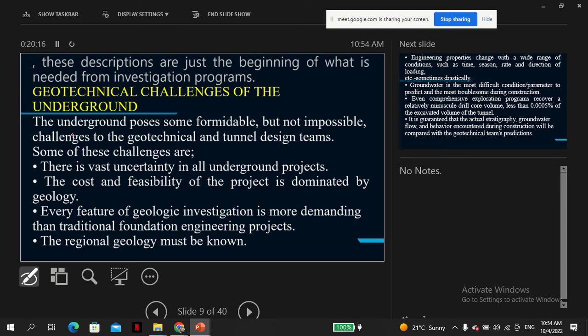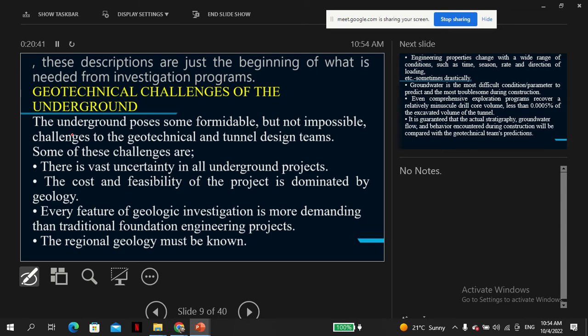In fact, in this course we are going to spend some time to describe how to classify the rocks, so that you can know this is a good rock, this is a poor rock, this is a very good rock, this is a fair rock, and so on.